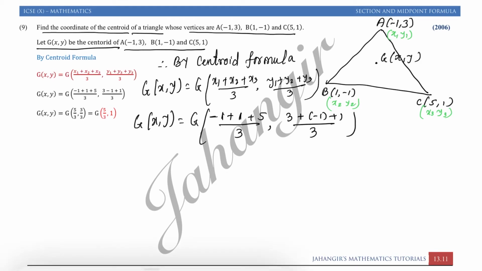So as you see, plus 1 minus 1 will cancel out. So we will get therefore G(x, y) is equal to G of 5 by 3 comma 3 by 3. So that is G of 5 by 3 comma 1.